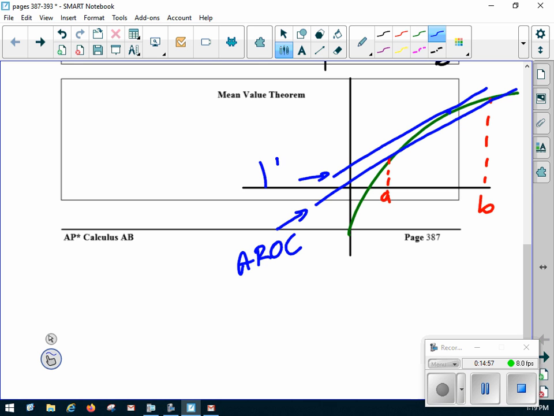This one is the tangent line. Now, folks, the rest of this is just actually applying the theorems.